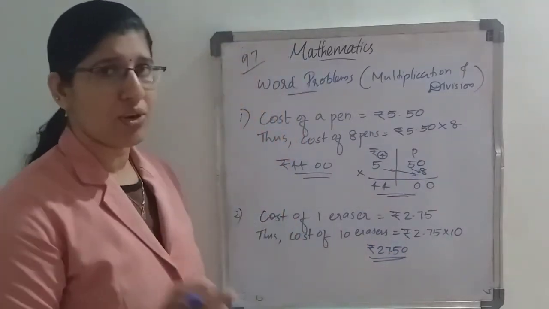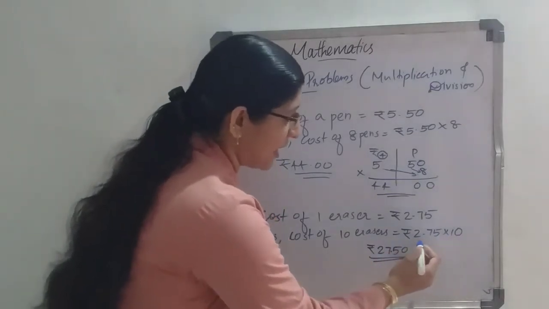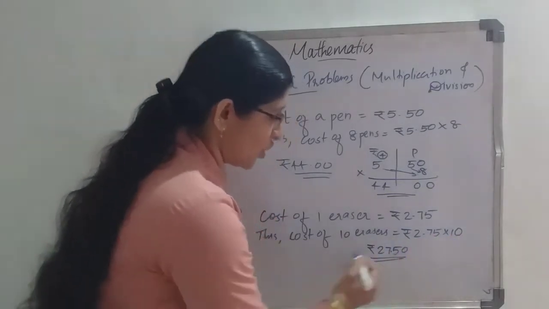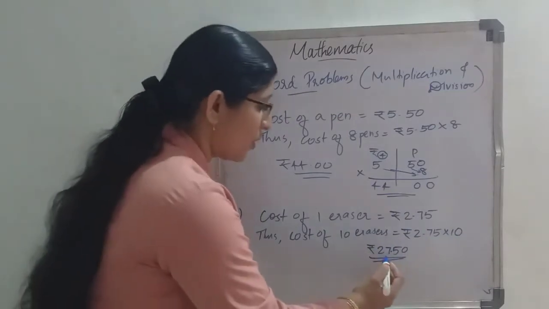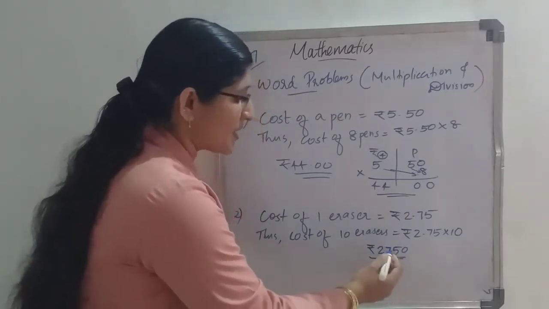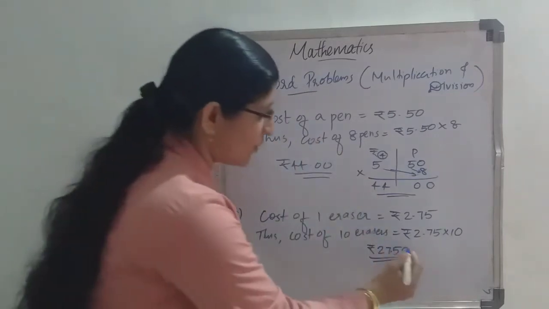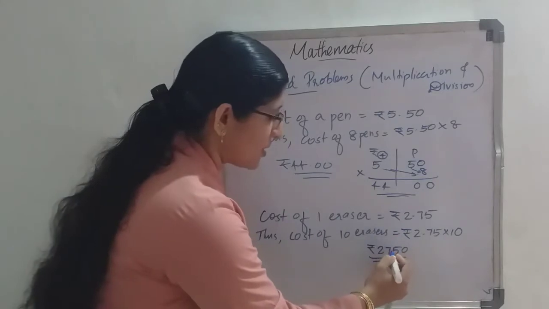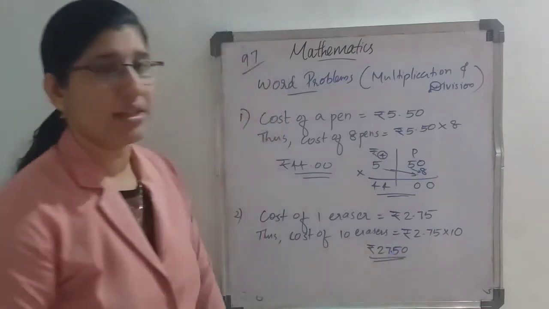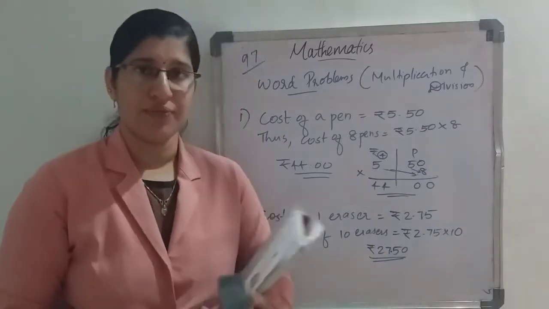It is easy, no need to multiply fully. So how will you multiply any number by 10? You write the given number and put one 0. We got 2750. Then how will you make it rupees and paise? Paise is every time 2 digits. So after 2 digits you need to put the dot and insert the rupees symbol also. Clear? So the answer is 27 rupees 50 paise.